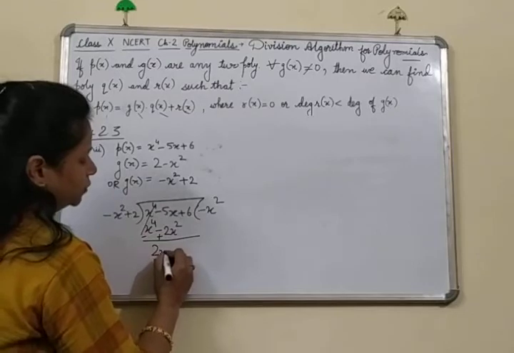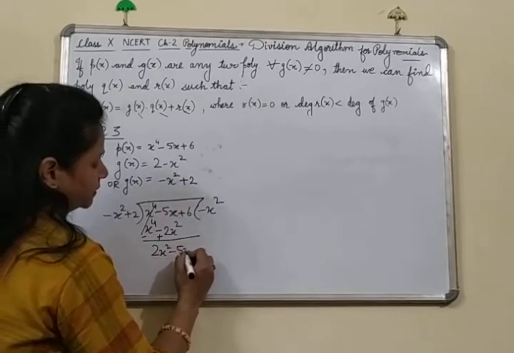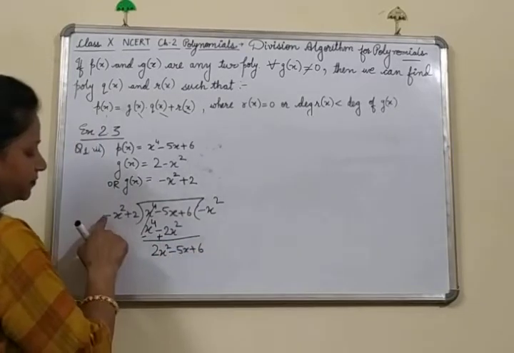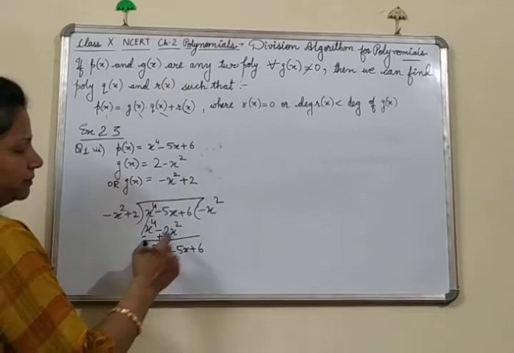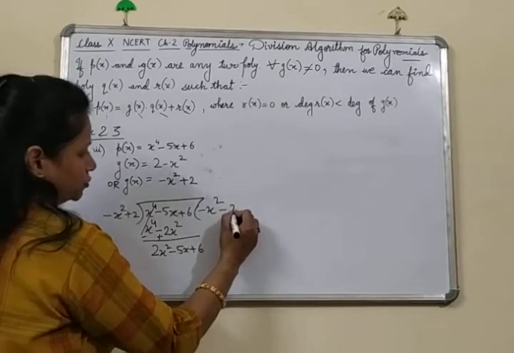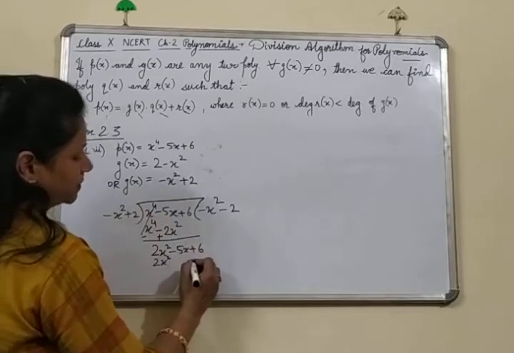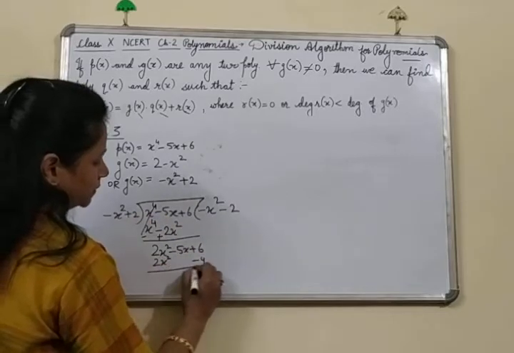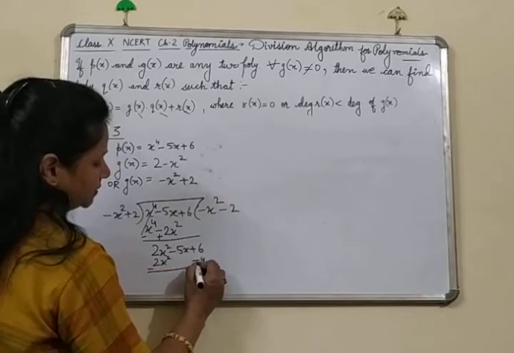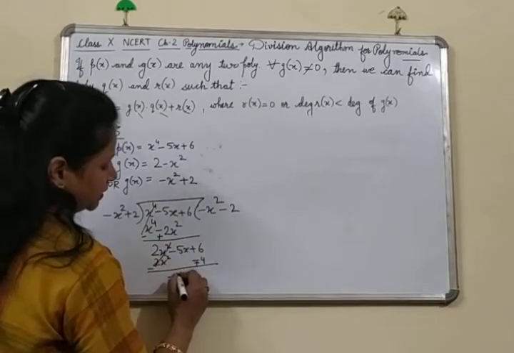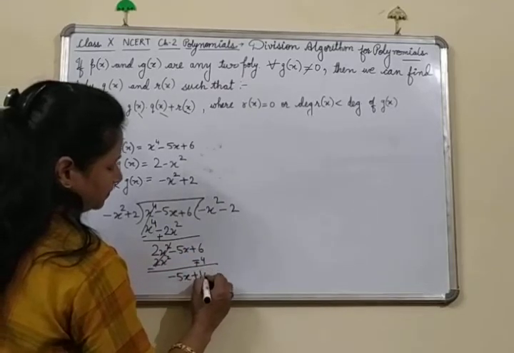Here we get 2x square minus 5x and plus 6. Minus x square, what should be multiplied here? Minus 2. So we get 2x square. Minus 2 into plus 2 is minus 4. We change the signs here. This cancels. We get minus 5x plus 10.